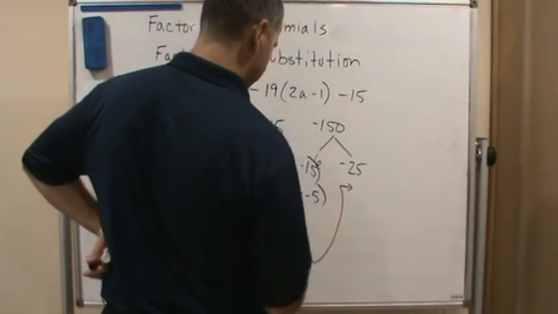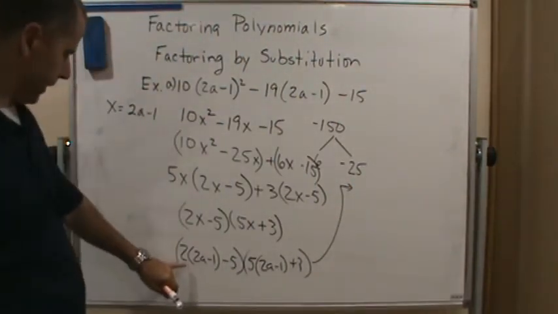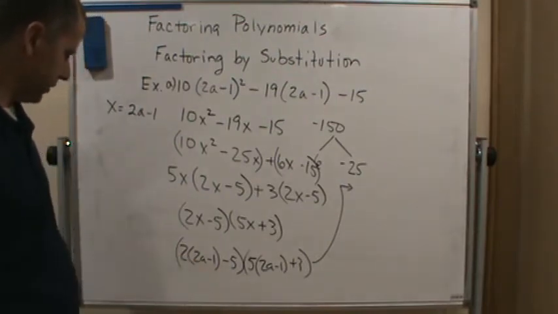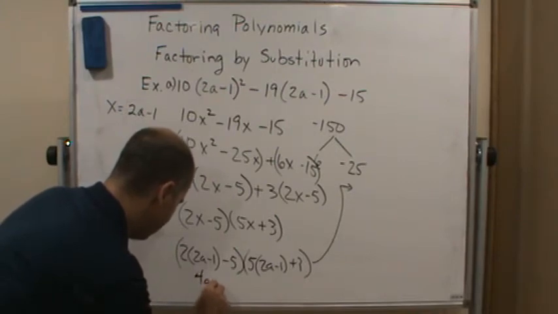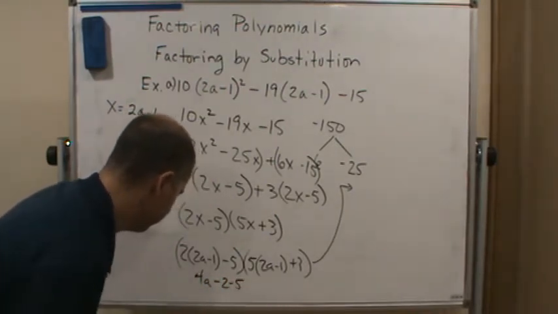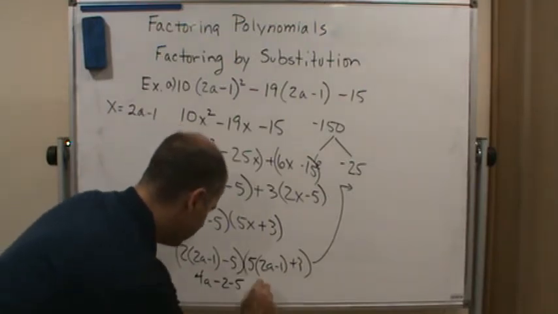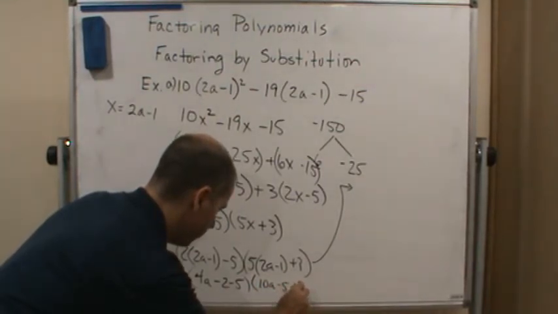Well, let's go up here, see what we get. This is going to simplify to 4a minus 2. So let's do this down here. So 4a minus 2 minus 5. And this is going to turn into 10a minus 5 plus 3.